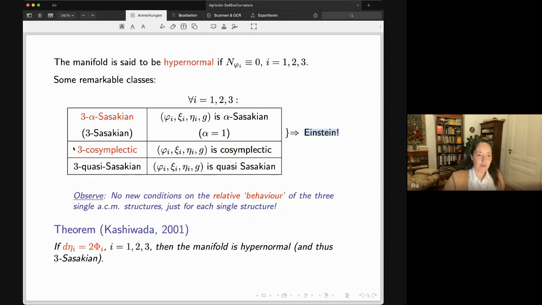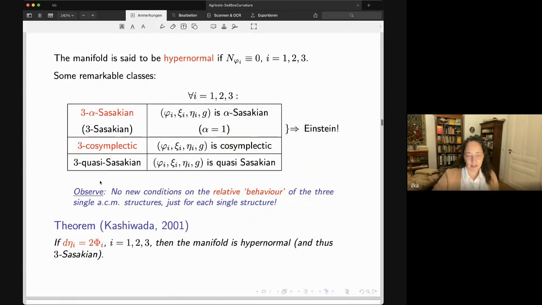We have the class of free cosymplectic manifolds, which means each single structure is cosymplectic. Free quasi-Sasaki: each single structure, you guess it, is quasi-Sasaki, etc. What all these definitions have in common is that we do not impose any conditions on the relative behavior of the three single almost contact metric structures.